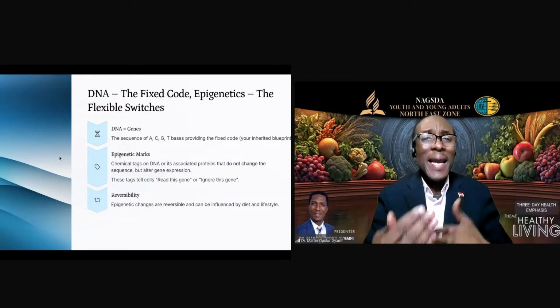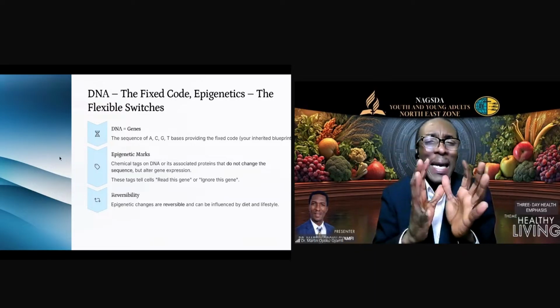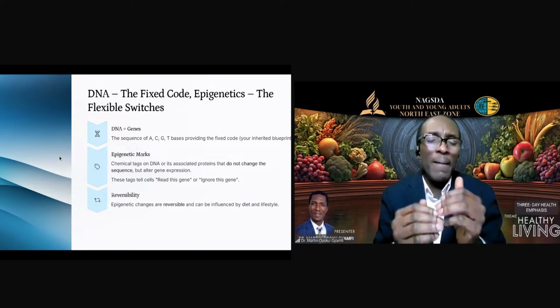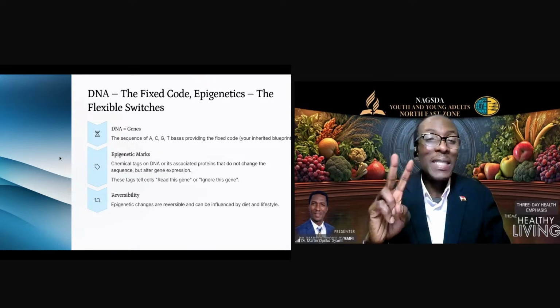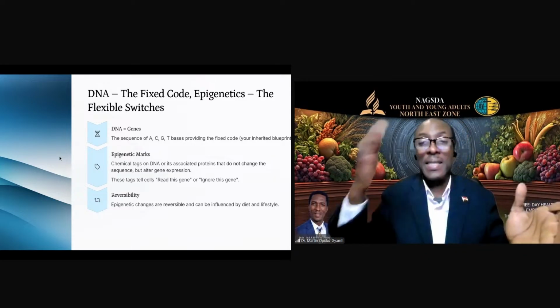All right, so basically what happens in the genes that makes this principle work? There are two main types of what are referred to as epigenetic marks: the one that says read this and the one that says ignore this.